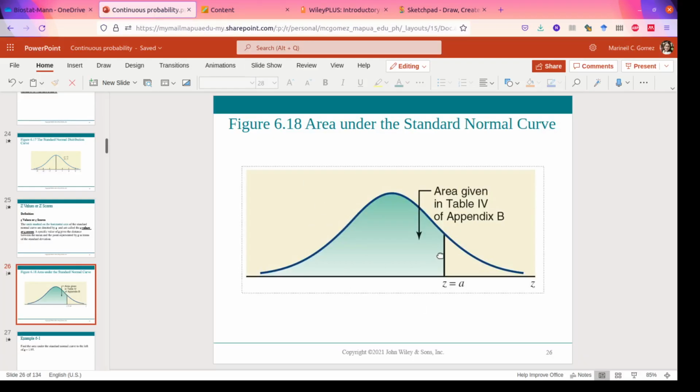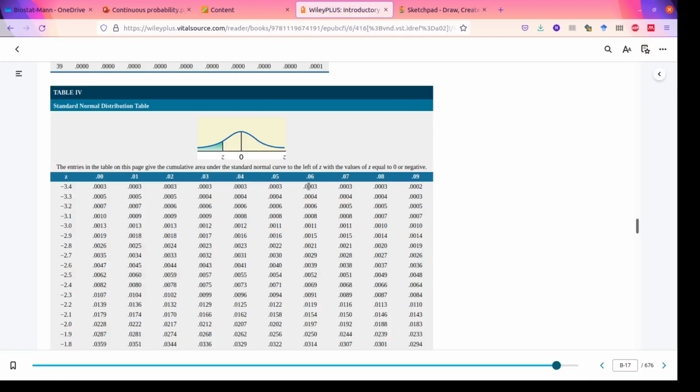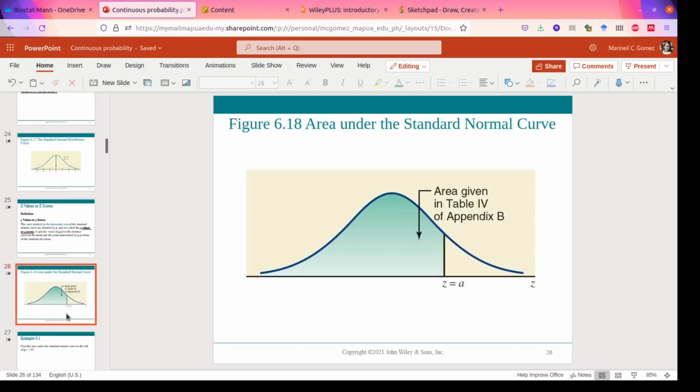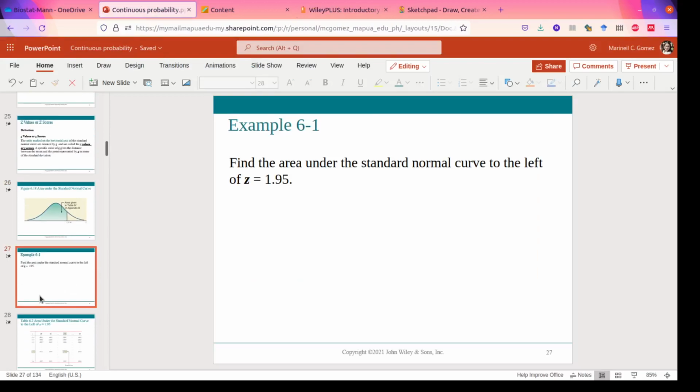So the area to the left of a certain value is given by z. When I say -3.45, the area is 0.0003. That's to the left of the z. Let's look at this example. What's the area under the standard normal curve to the left of z at 1.95?